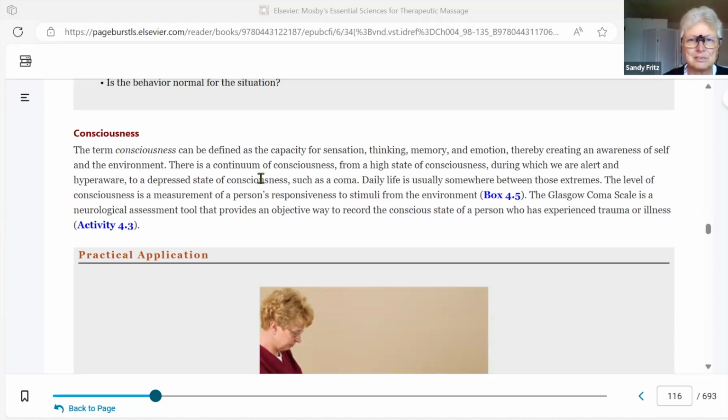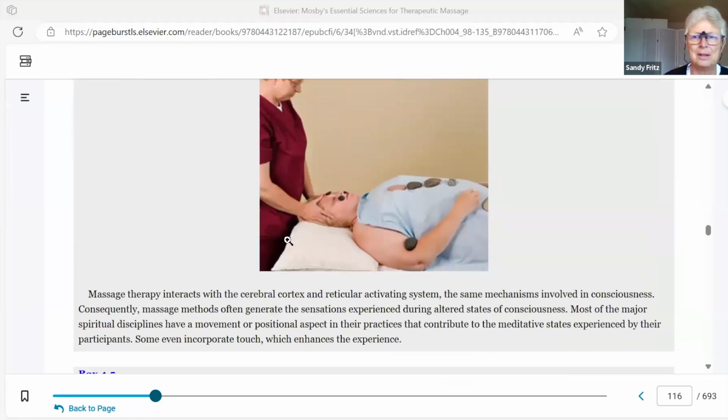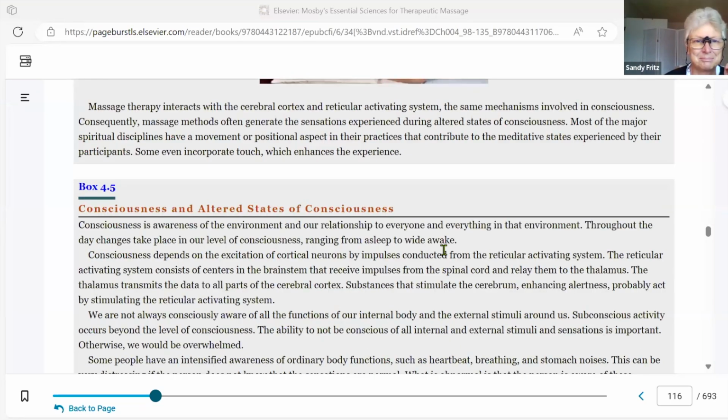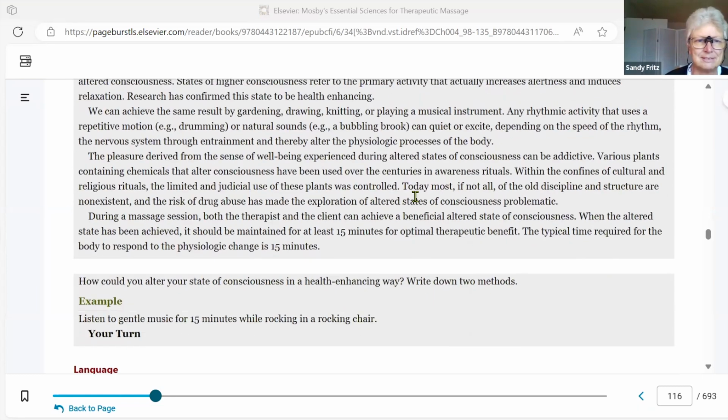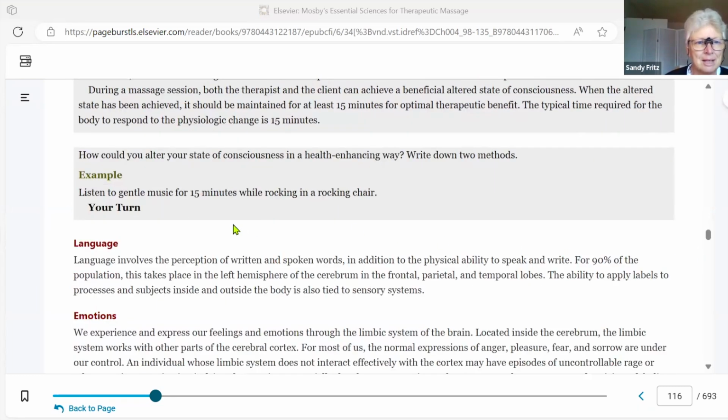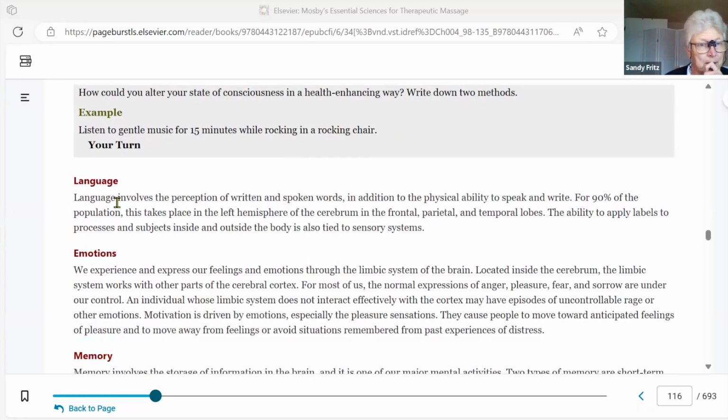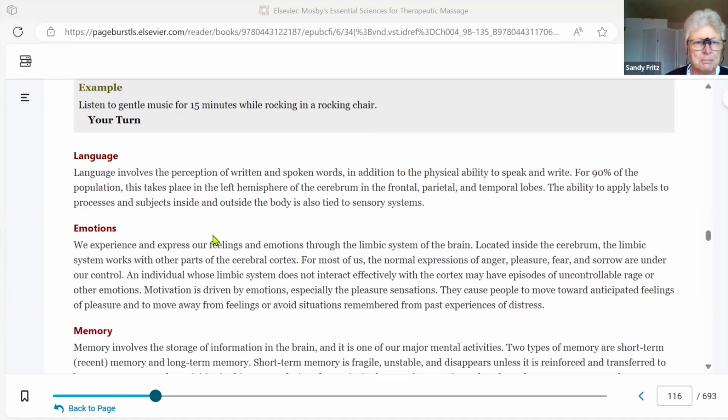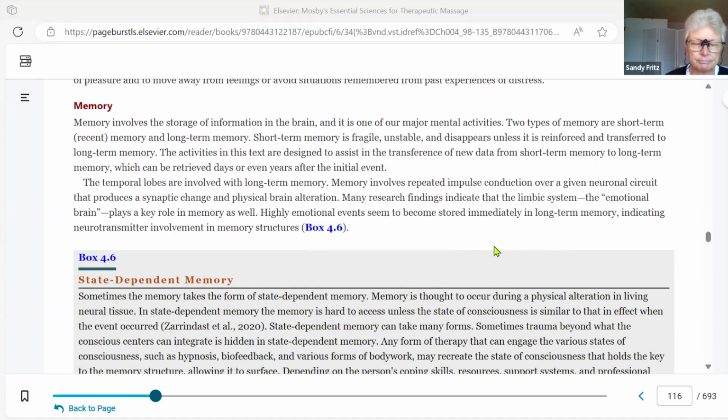It starts to be where the mystery occurs, where we don't understand it all, but it's there and it makes a difference. So here's a box on consciousness and altered states of consciousness. Then we also talk about our language and emotions and memory, and the idea of state-dependent memory.